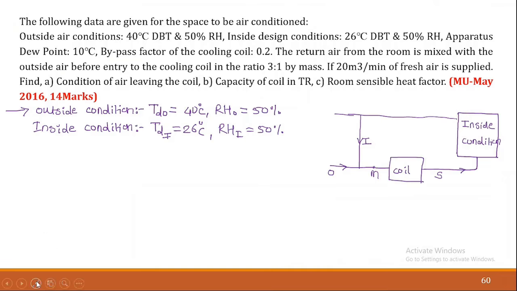Now we have given that fresh air added, how much it is? 20 meter cube per minute. So that is what the fresh air entered into the system, okay. So fresh air added is given 20 meter cube per minute.